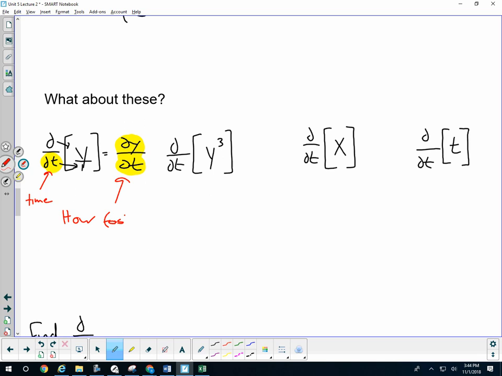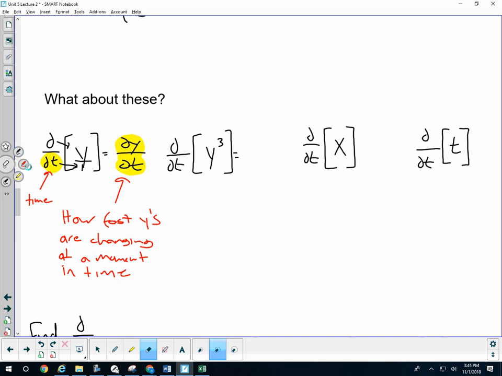How fast I'm going up or down, or how fast the y's are changing at a moment in time. Now, the derivative of y cubed, no longer 3y squared dy dx, it's 3y squared dy dt.